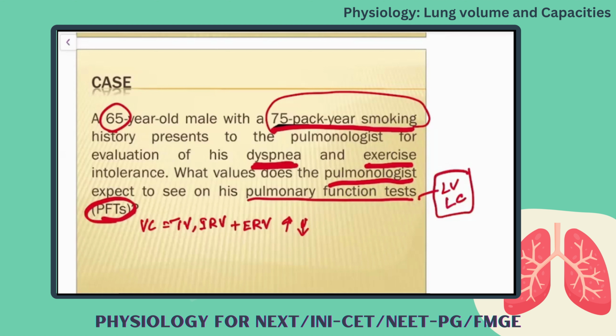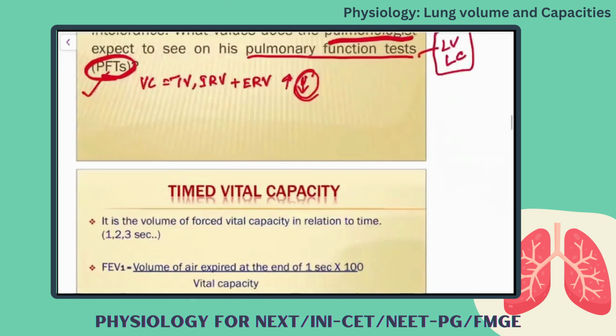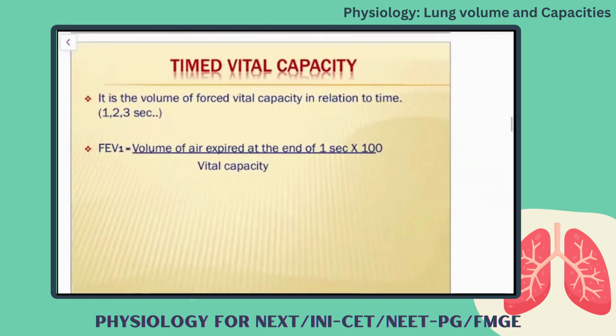So the vital capacity value will be decreased in this case. Okay, clear? So this is how you have to use the pulmonary function test in your diagnosis. And there is another factor called timed vital capacity.